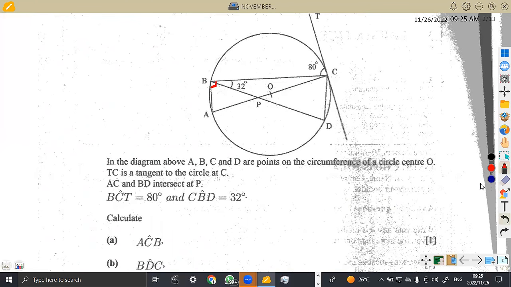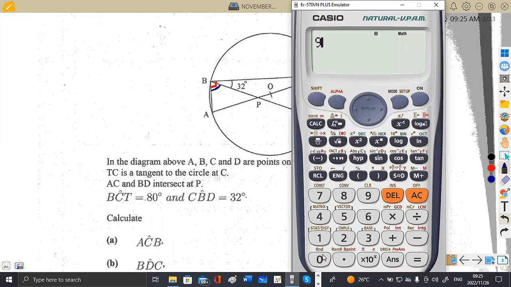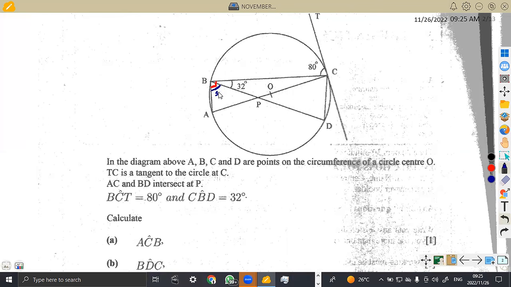So that means we can have this angle remaining on ABD, since we've got 90 degrees. We subtract 90 minus 32, which is 58 degrees. So this angle here is 58 degrees.